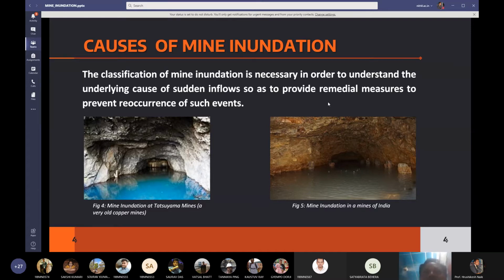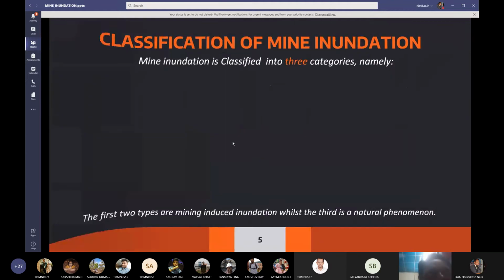Traditional mining countries abandon mining in such areas to prevent reoccurrence of events.